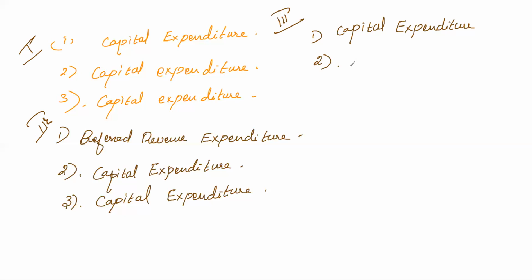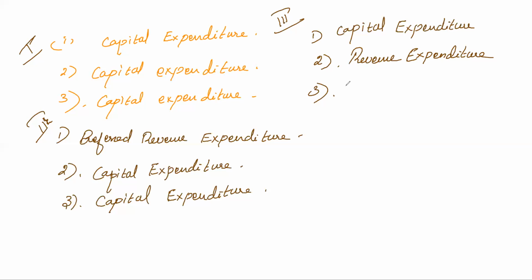Okay, then second one, office rent paid. So office rent paid is revenue expenditure. Then third one, wages of rupees 5,000 paid to machine operators is revenue expenditure.